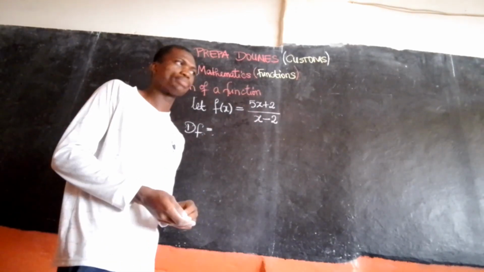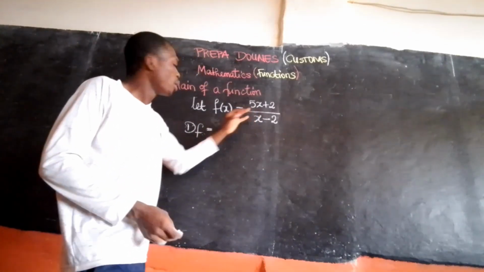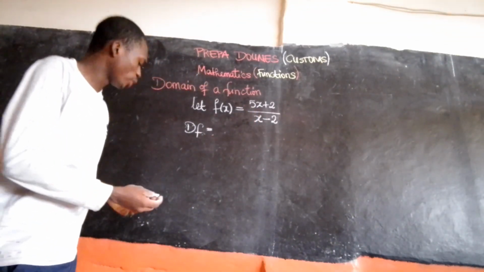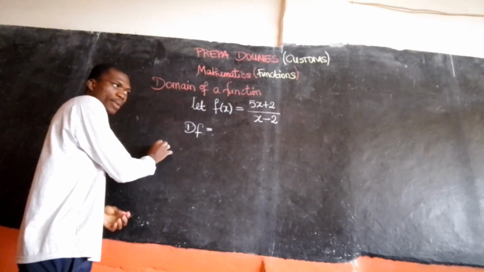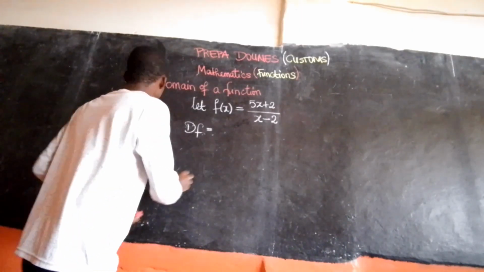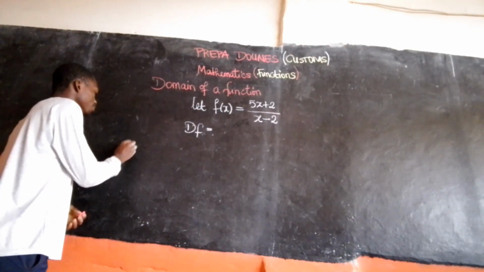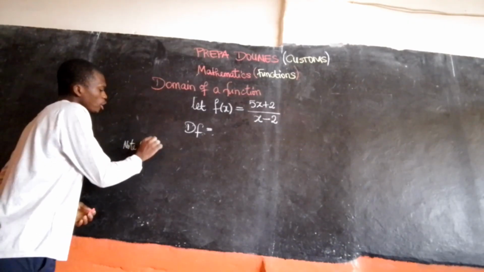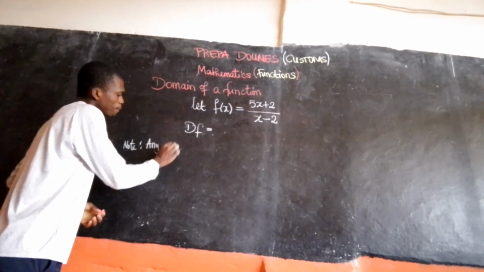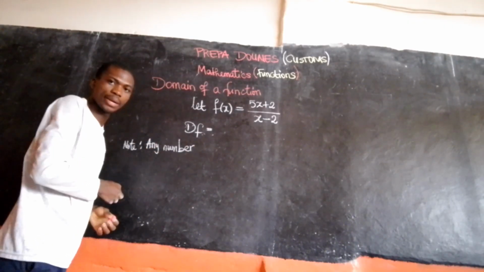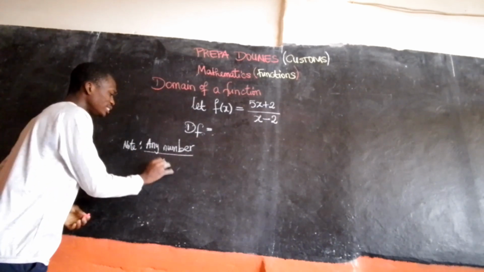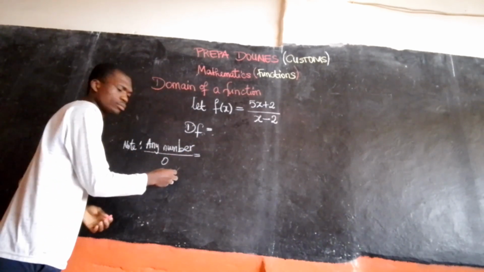Here, what do we do? I would like you to know that any number divided by 0 is equal to what?